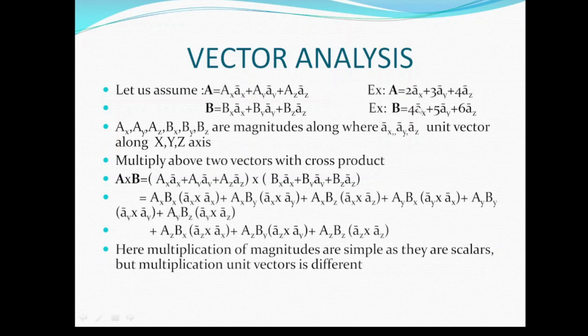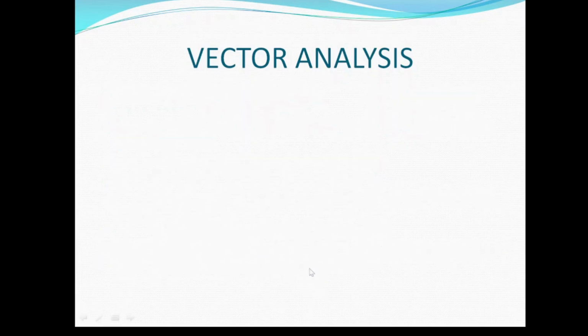So ax cross ax is how much? And next, ax cross ay is how much? Ax cross az, how much? Ay cross ax, how much? If you know these unit vector multiplications using the cross product, then the total value can be analyzed easily. But the multiplication of unit vectors is different. How to multiply? It is also the same as the cross product formula.